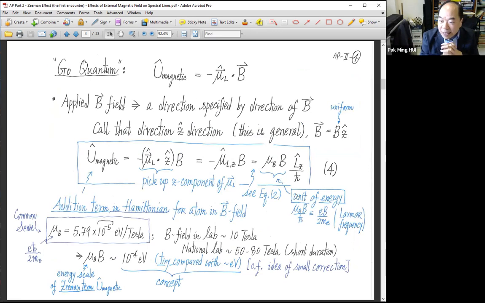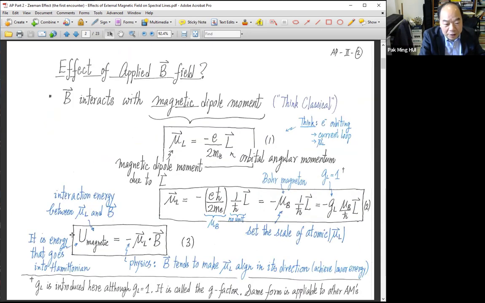So the second step in getting a Hamiltonian is to go quantum. Okay, so two pages before, classical thinking, we get this form. Go quantum means promote everything to be an operator.